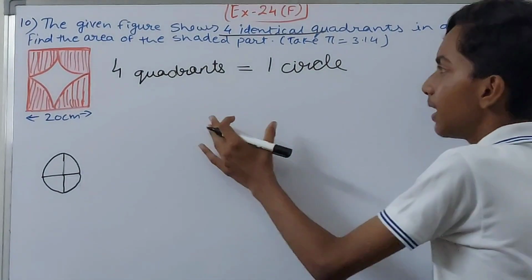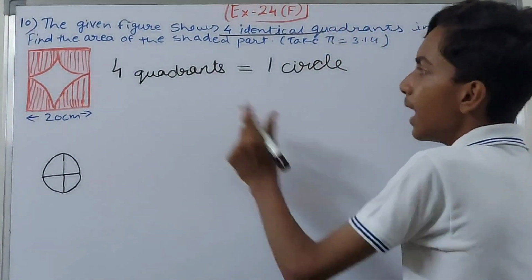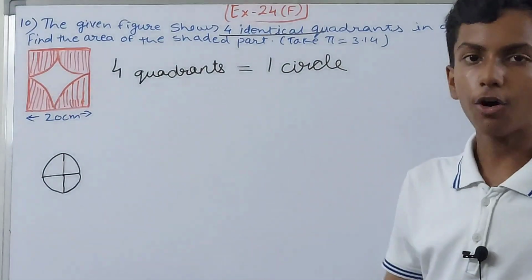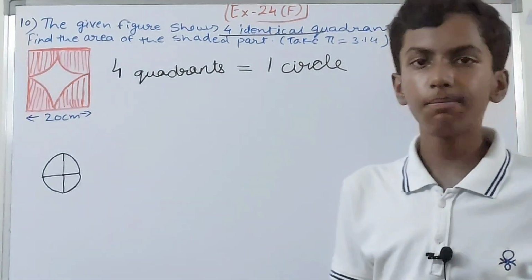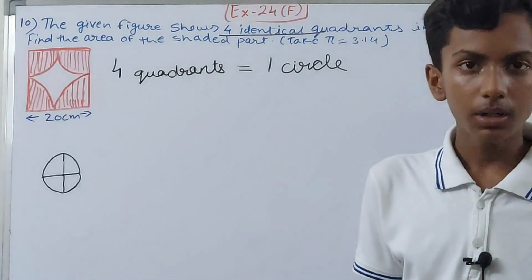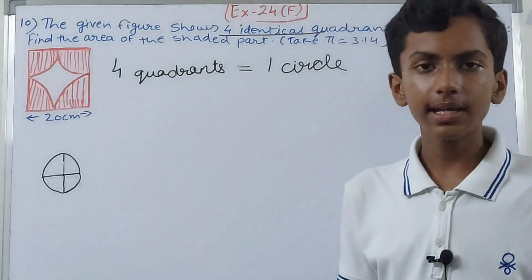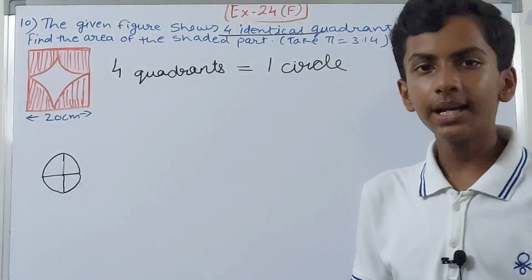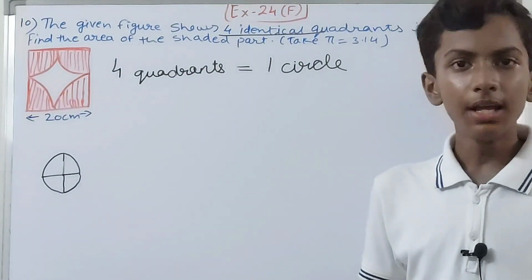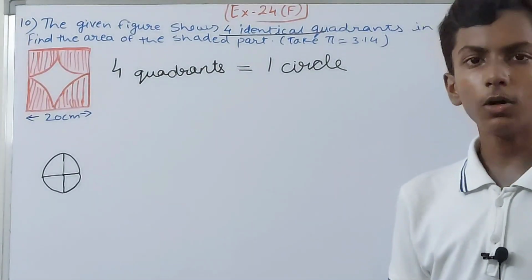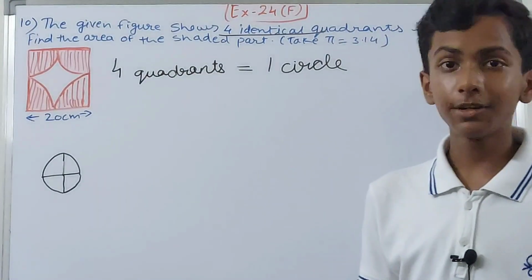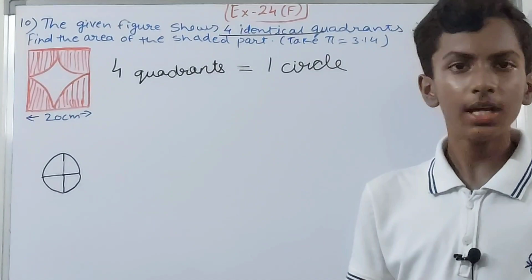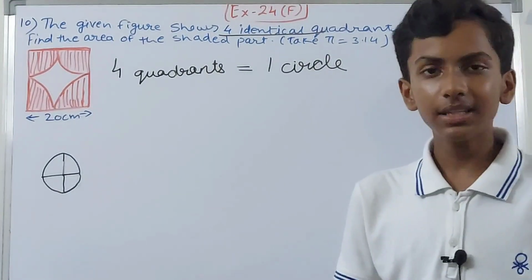Now if I have to find area of 4 quadrants, I will find area of 1 quadrant and multiply that by 4. That will give me area of 4 identical quadrants. But what if I just simply take out the area of the entire circle? That will reduce my time and also take less effort, right? That is why we will take out area of the entire circle rather than 4 quadrants.